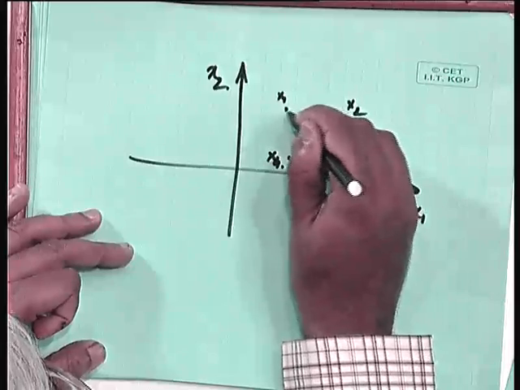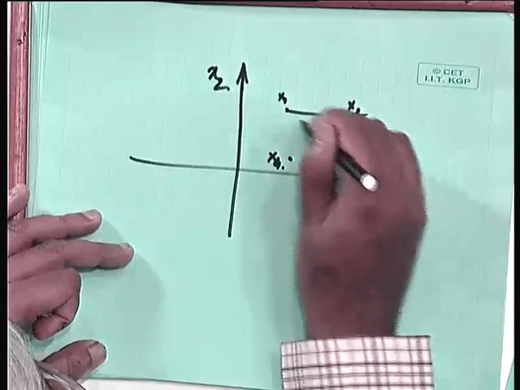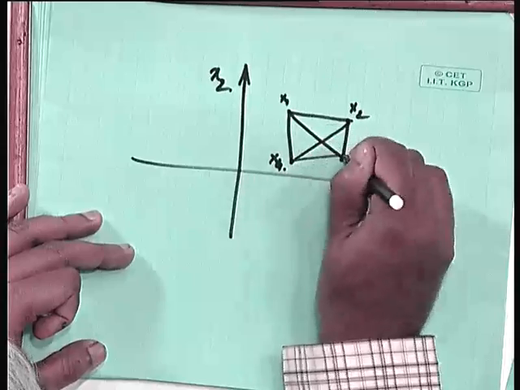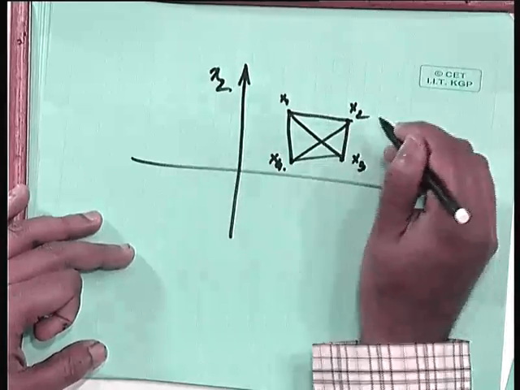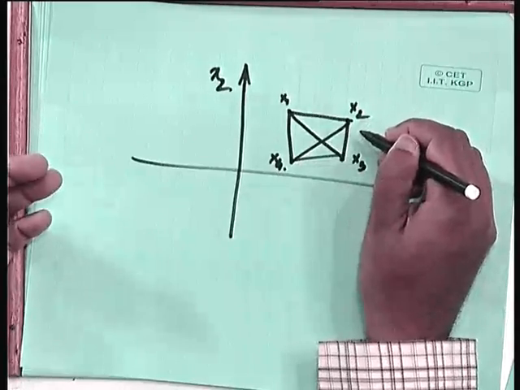In fact, the basic philosophy lies like this: when there are 4 points, by joining any pair of points out of these 4 you can have how many lines? 6 such lines, isn't it? And 2 such lines, the 2 diagonals, intersect with each other. If you take the line joining x1, x3 and the line joining x2, x4, they intersect.